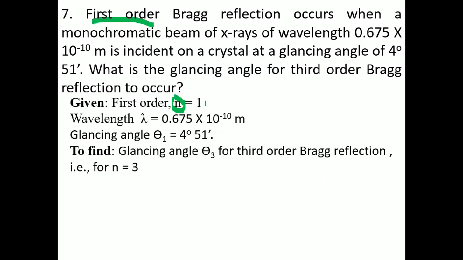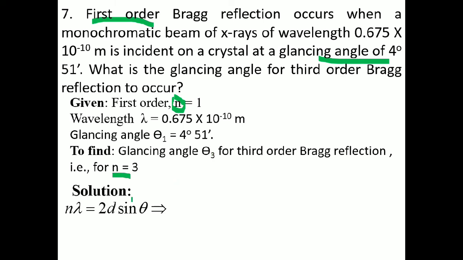So if you are aware of the theory properly, it's not a problem to differentiate between such parameters. When a monochromatic beam of wavelength is given, and glancing angle, that means theta, is given. What is the glancing angle for third order Bragg reflection? That is, when n is equal to 3, what is the theta value?